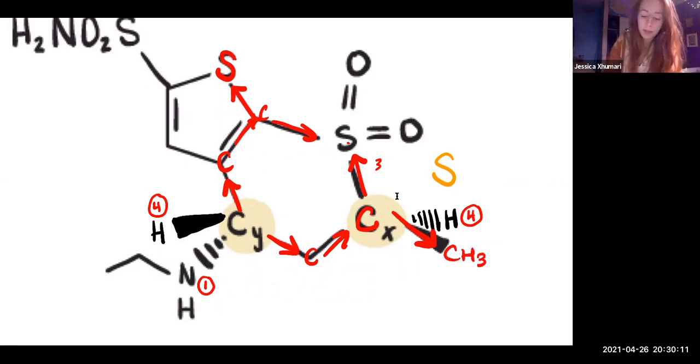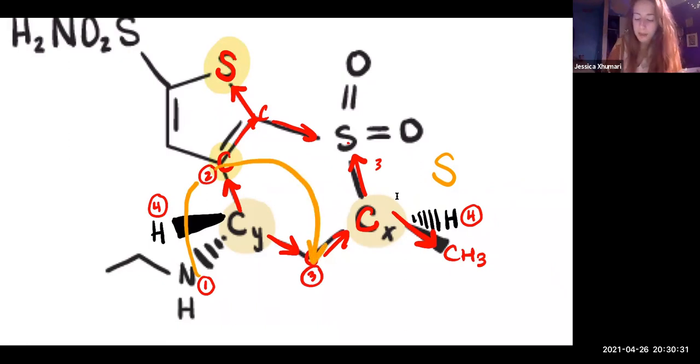But on the top left side here, we hit a sulfur. Okay, it's like a gold mine, and so we're going to label this carbon here as second priority, and this one is going to be third priority. So when we connect everything together, 1, 2, 3, this is going clockwise.